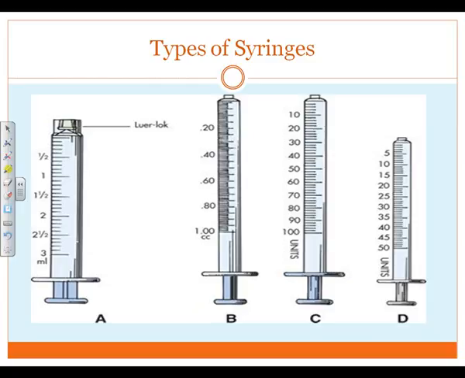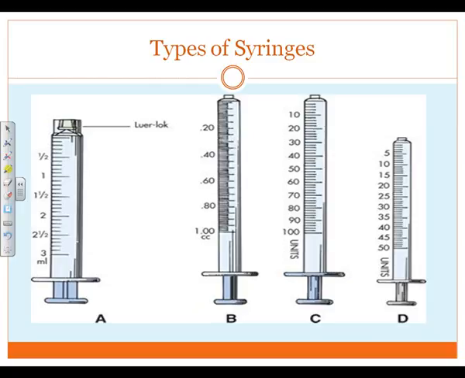C and D are insulin syringes. Are they Luer lock or non-Luer lock? No. They are non-Luer lock. So if I had to give 84 units of insulin in syringe C, how many lines past 80 am I going to go? 84 units of insulin in this one, in syringe C. 84. 2 lines past 80, right?